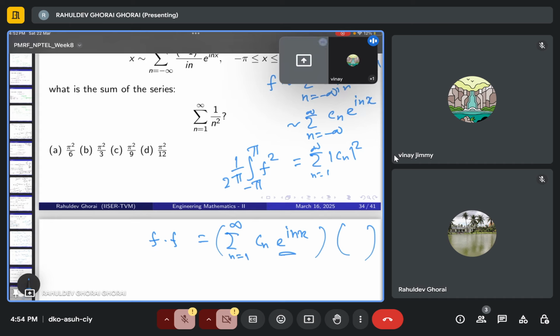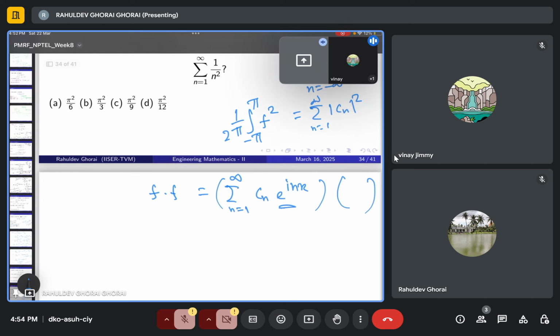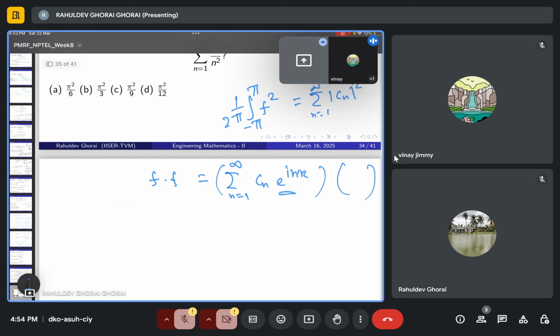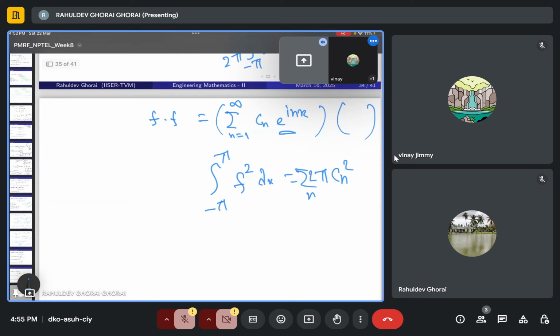Cos square nx plus sine square nx value will be 1, but the integration over that, if you take integration minus pi to pi, that 2 pi will come into the picture. So that's why when you take the integration over minus pi to pi of f square dx, that will be 2 pi times the sum over n of c n square. So that's why you will get this.